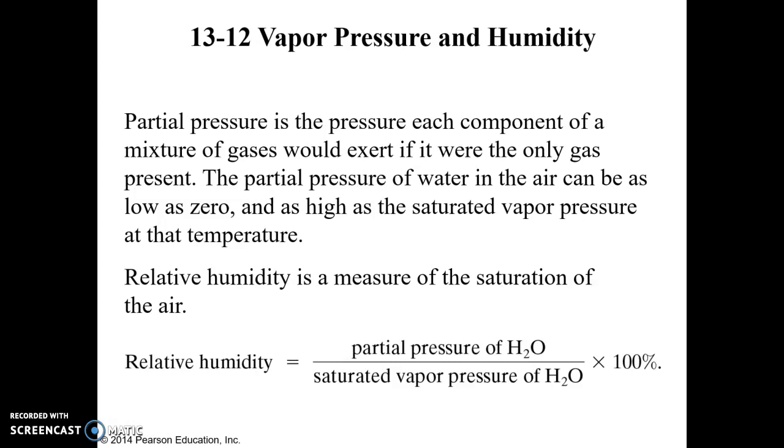Saturated basically means it's full. It's got all the vapor in it that it can handle. So if the relative humidity was 100%, we would be saying that the air is in fact saturated, that it couldn't possibly hold any more water vapor.